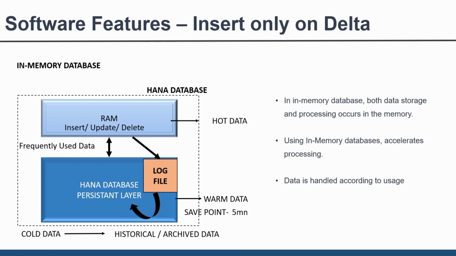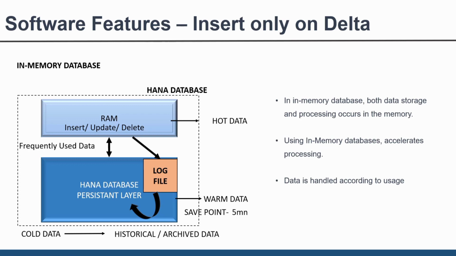So what is the use of this log file? When the user is doing changes in hot data, at the same time those changes are getting recorded in a log file. So suppose in between the connection goes off, you are still safe because the changes have been recorded in the log file.